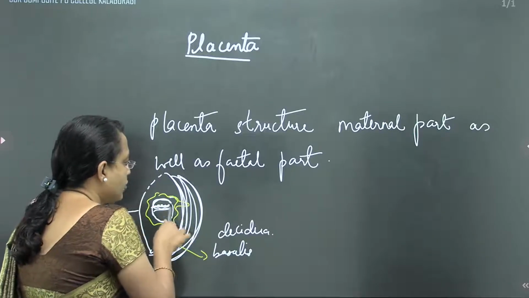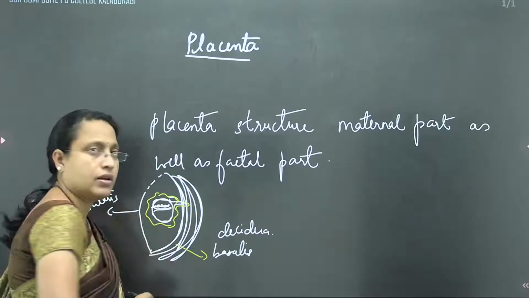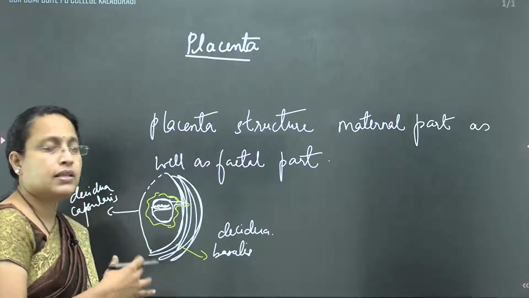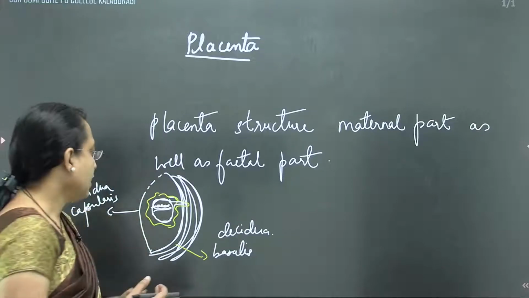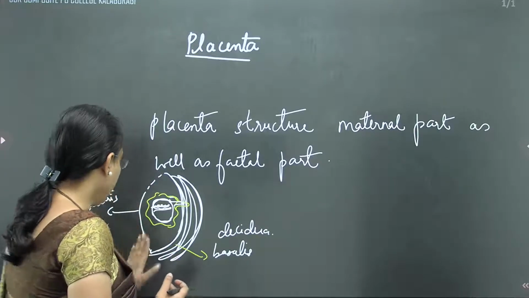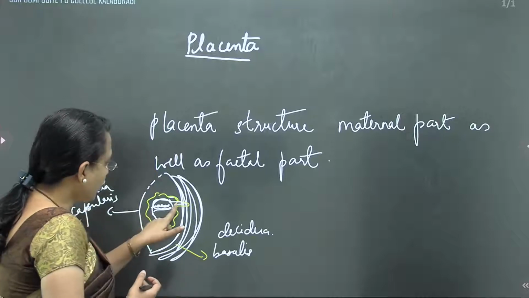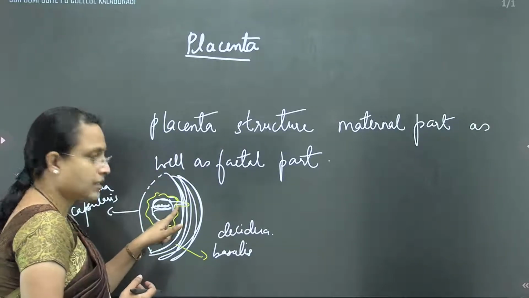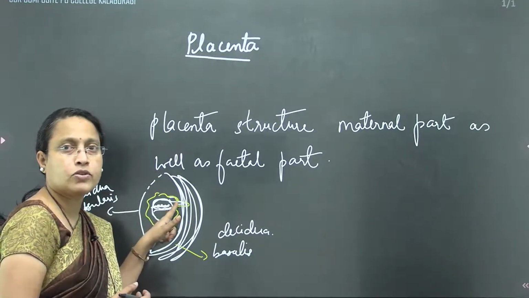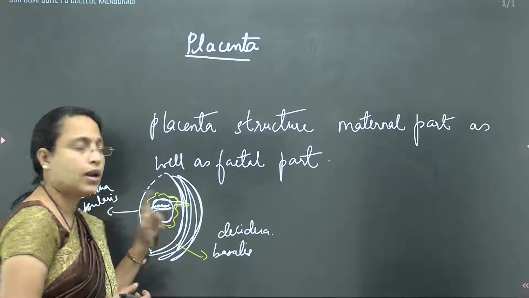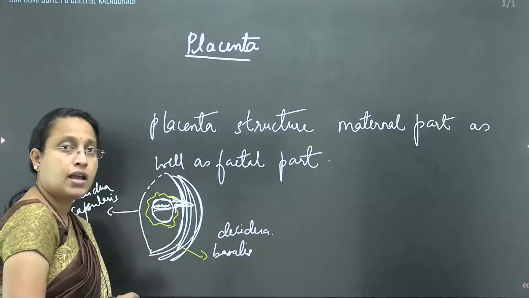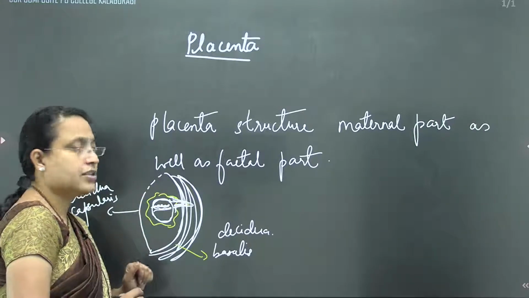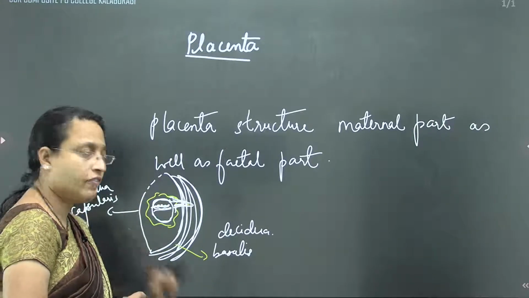So finger-like projections will develop here. As this embryo grows and approaches the 8th week, chorionic villi are formed. The trophoblast and the extraembryonic mesoderm together form the chorion, and that is going to form finger-like projections. This finger-like projection is called chorionic villi.